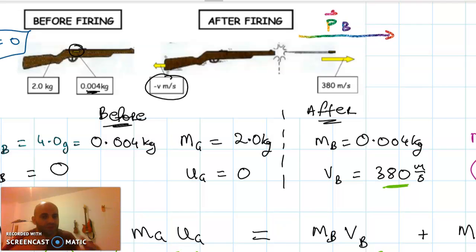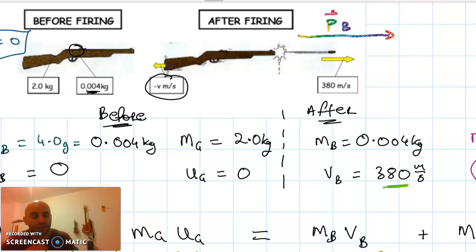But the system is made up of 2 particles, the bullet and the gun, okay? And we said that it's the total momentum that's conserved, not just the momentum of any one of them, the total momentum. So the momentum of the bullet is this much, we'll say, to the right.